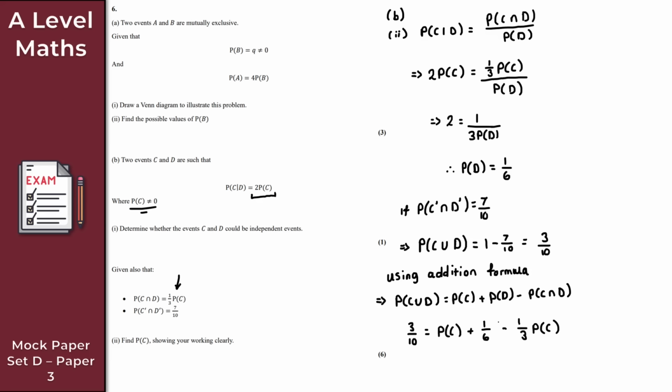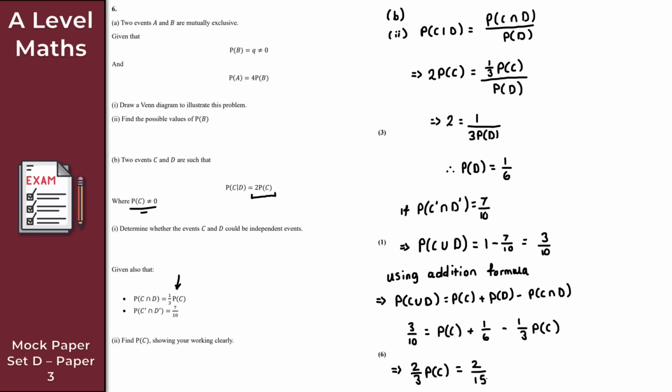Let's just continue from here then. So the probability of C minus a third of the probability of C, so that's 3 over 3 minus 1 over 3, so that's 2 over 3 times the probability of C. This is getting pretty close. So 2 over 3 times the probability of C is equal to 3 over 10 minus 1 over 6, which gives us 2 over 15. I get 2 over 15 there, okay?